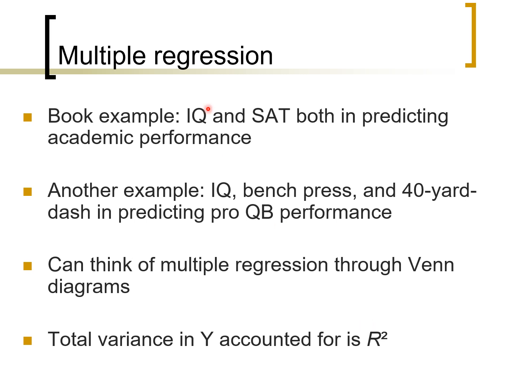Big R squared is only through a multiple regression where you have not just one variable, one predictor, but a set. So R squared would be, as a set, IQ, bench press, and 40-yard dash together, how much variance in our outcome, QB performance, does this set of predictors account for? And that's what would give us our big R squared.